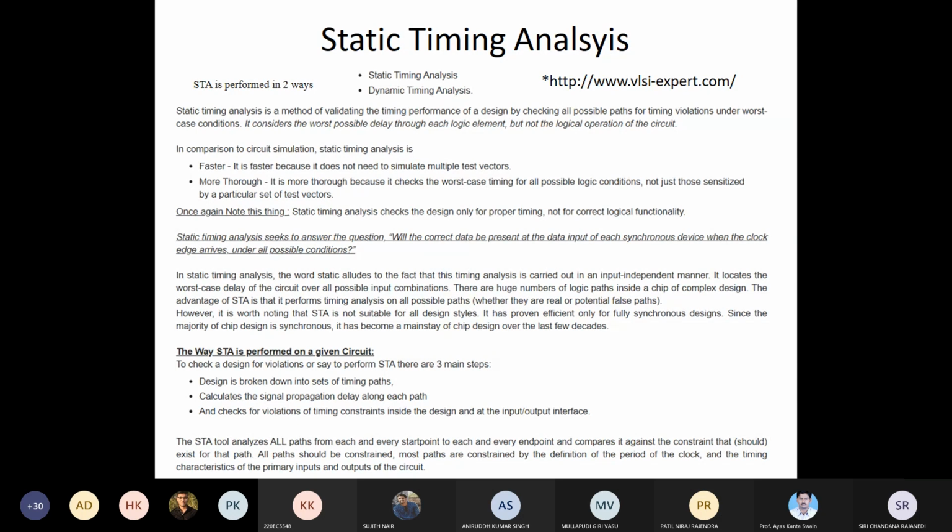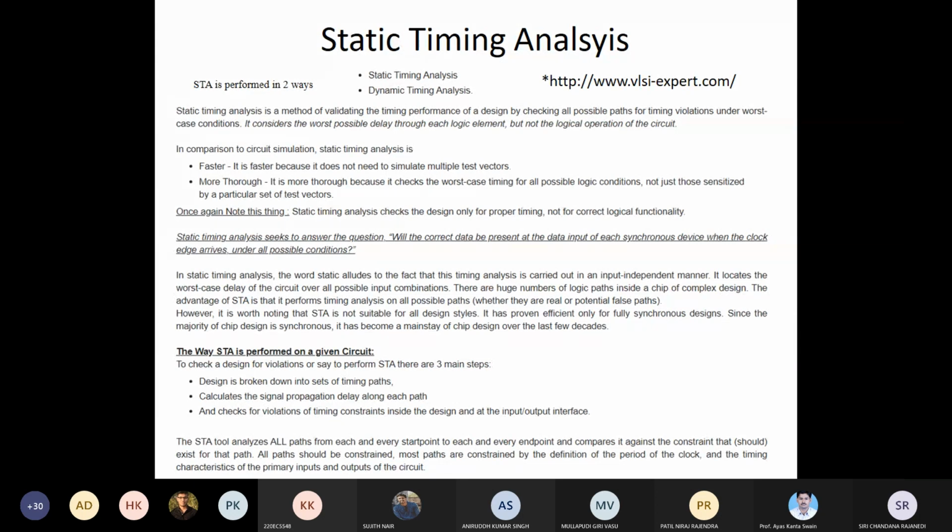Here it is written once again. Note this, it is very important: static timing analysis checks the design only for proper timing, not for correct logical functionality. Static timing analysis seeks to answer questions like, will the correct data be present at the data input of each synchronous device when the clock edge arrives under all possible conditions?